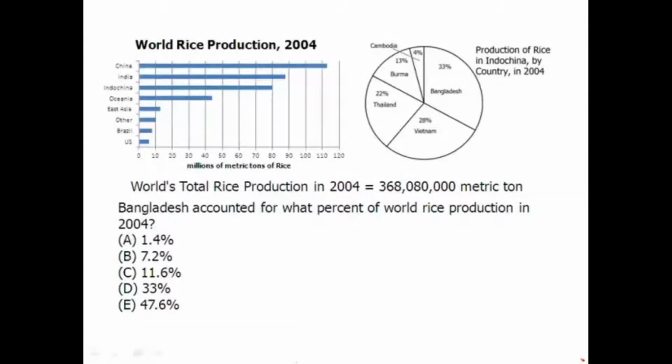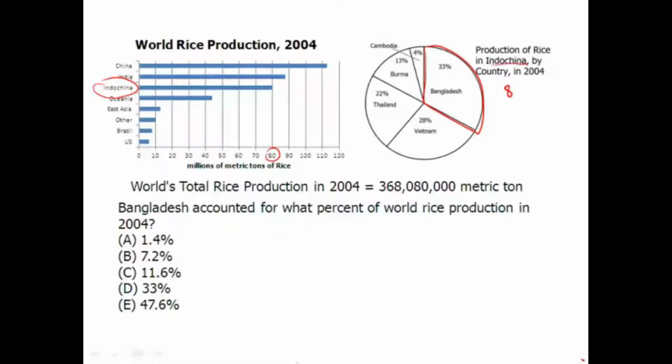Bangladesh accounted for what percent of world rice production in 2004? So, of course, Bangladesh is not a column. We find it over here as a slice of pie, and this pie is Indochina. So Indochina is represented by this bar. It has a total length of 80. And Bangladesh is 33% of 80, or in other words, 1/3 of 80.